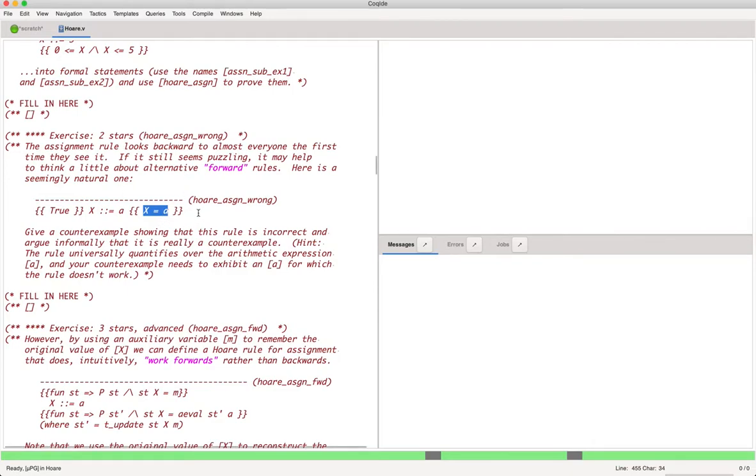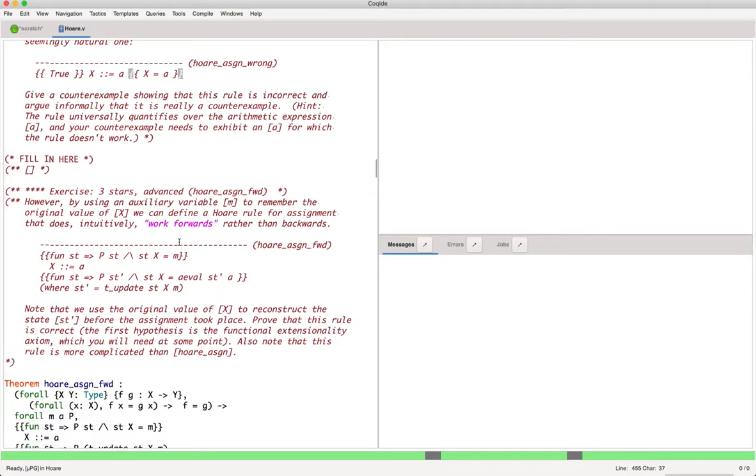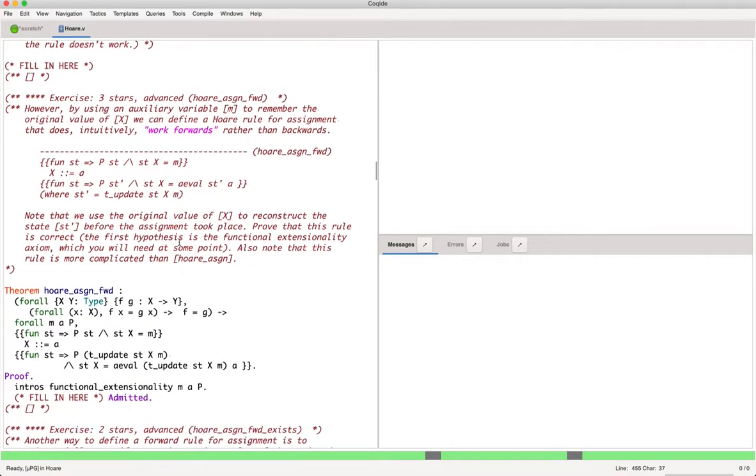This is sort of a naive, simple version. It turns out that you can actually write a forward version, which is this version here. What they do basically is they say, well, the way to keep track of the old version of X is to use another variable. So here there's an assertion saying that the value of X in the initial state is M, some M, which you can then use in the later part.